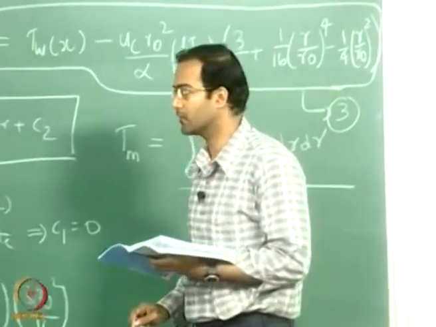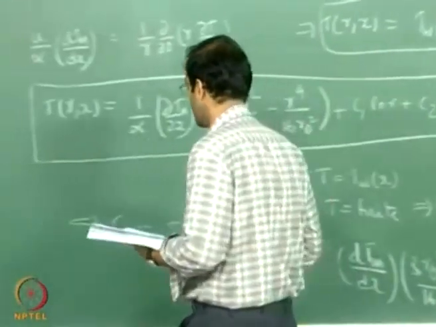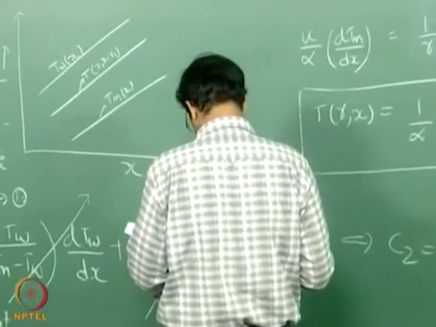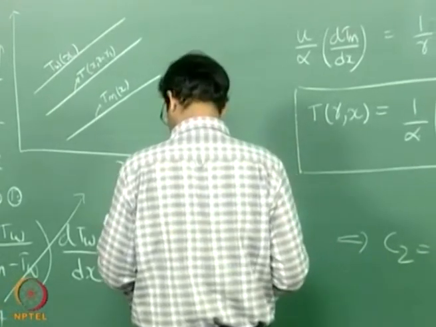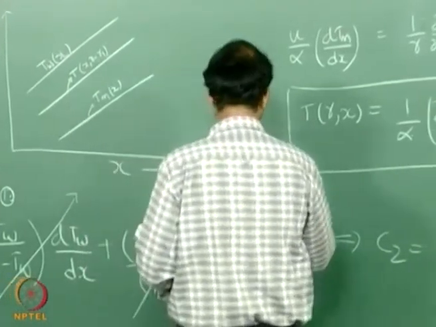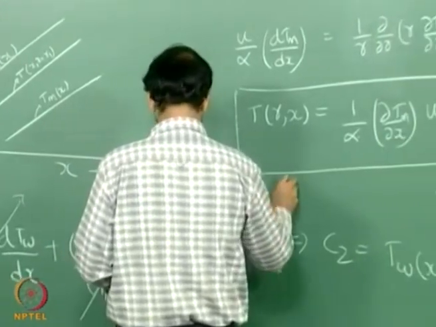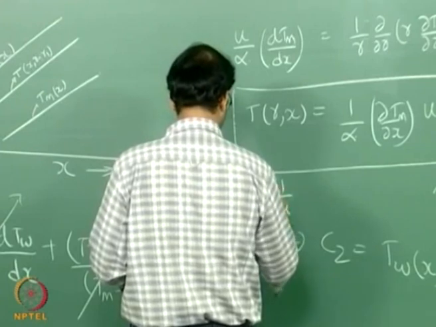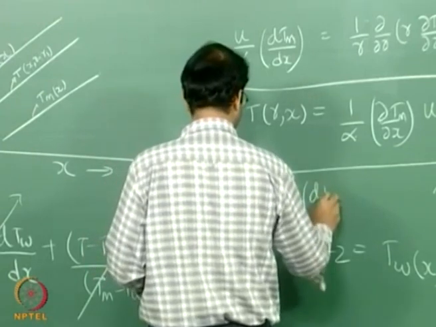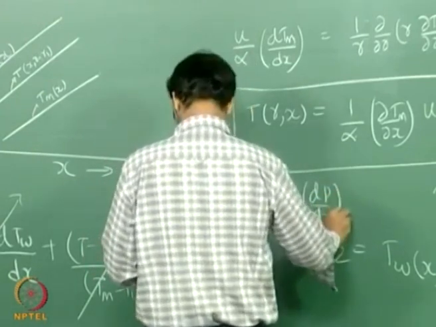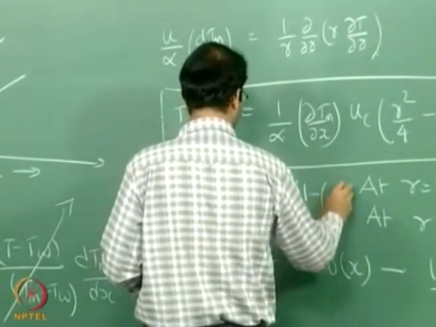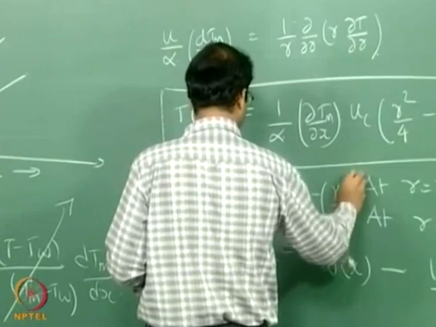So therefore you have the velocity profile. I will just write down the velocity profile for you again. So your U of r is 1 by nu, minus 1 by 4 nu into dp by dx, r naught square into 1 minus r by r naught a whole square.